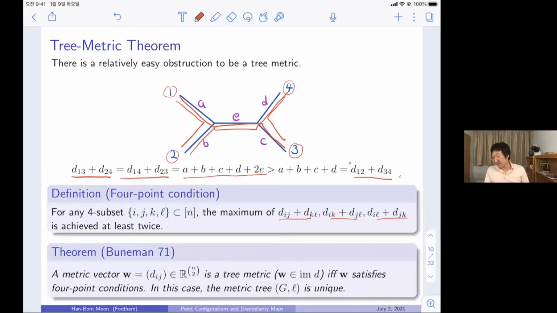And in 1971, by using a purely combinatorial idea, Buneman proved that a given vector is a tree metric. In other words, W is in the image of the dissimilarity map if and only if W satisfies the 4-point conditions for any 4 tuples of leaves. In this case, the tree is unique.